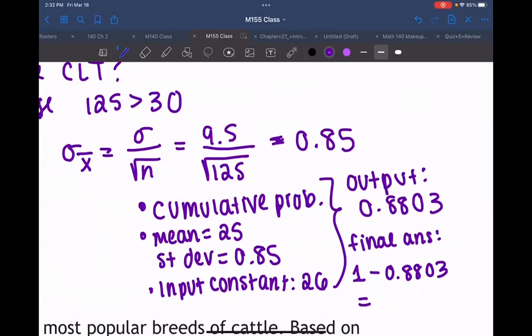So I'm gonna go type this in real quick. 1 minus 0.8803. That ends up being 0.1197. Any questions on how I got to this probability over here? All right. So let me make this full screen.